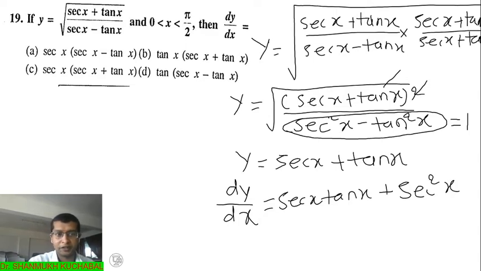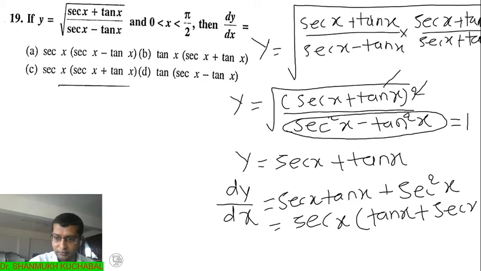Now this expression is not present among any of the options, so I simplify further. We observe that sec x is common, so taking sec x common, we get sec x into (tan x plus sec x). So this is the solution, therefore C is the right answer.